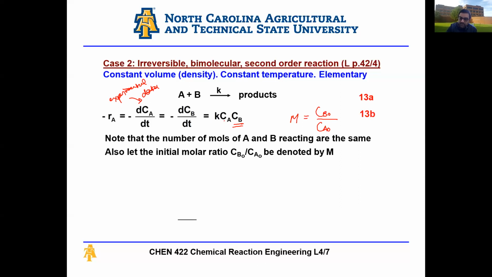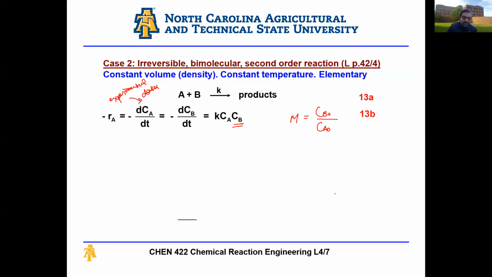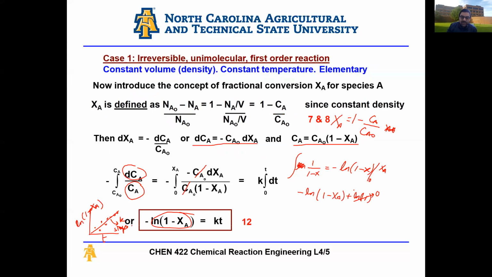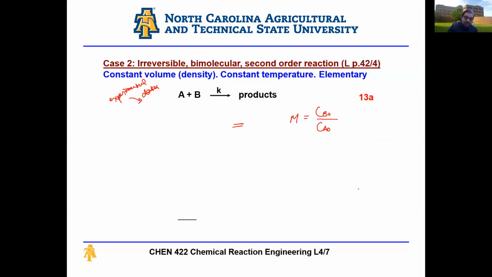So I introduce a new variable M, and then I'm going to rewrite the expression. Minus rA is equal to CA naught dXA by dt. What I did here is, if you recall from the previous slide, we said dCA is equal to minus CA naught dXA. So we're using this equation and substituting it here.